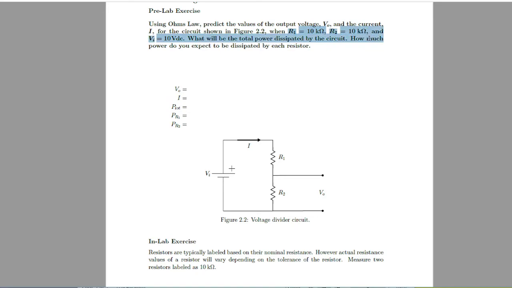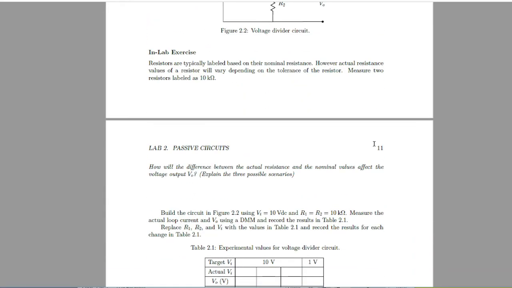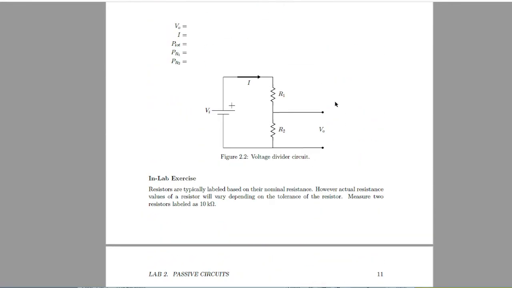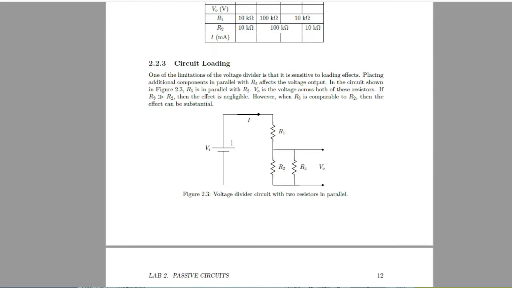And we've given you values. Here we're looking at how differences in the actual resistance and what the resistance is supposed to be for a resistor affects the voltage drop. So again, looking at this figure, we want to know how differences in these resistors from what they're supposed to be would affect that voltage drop.